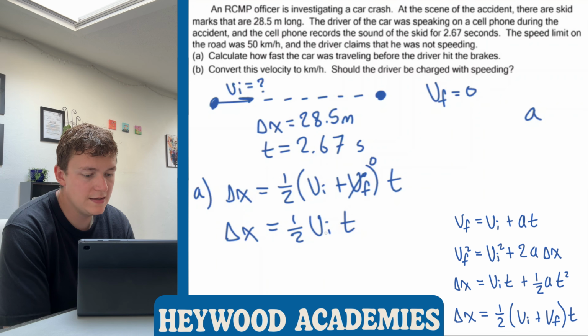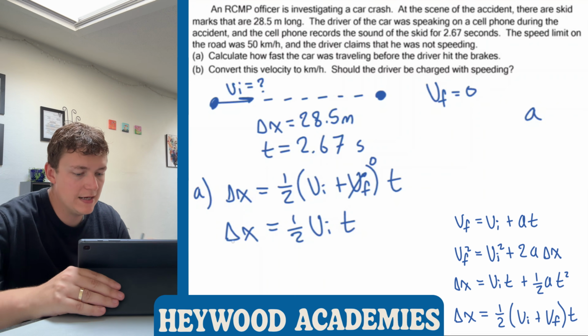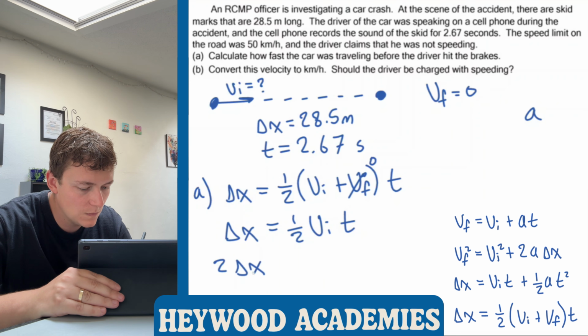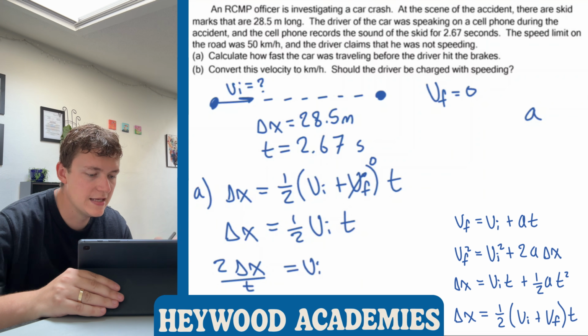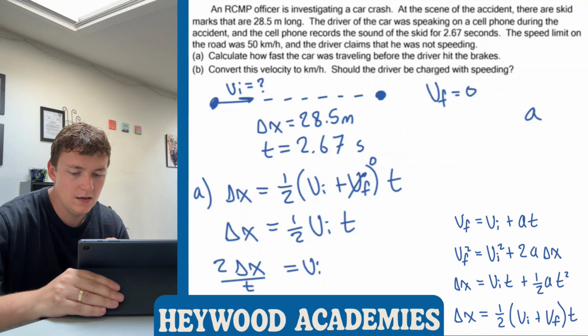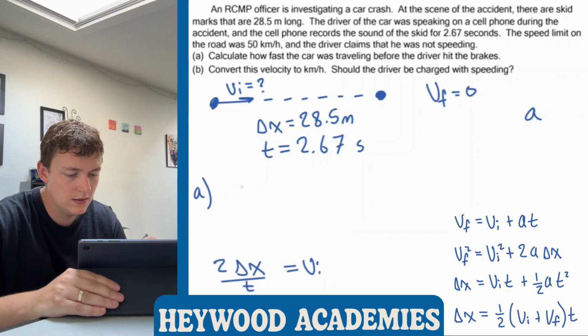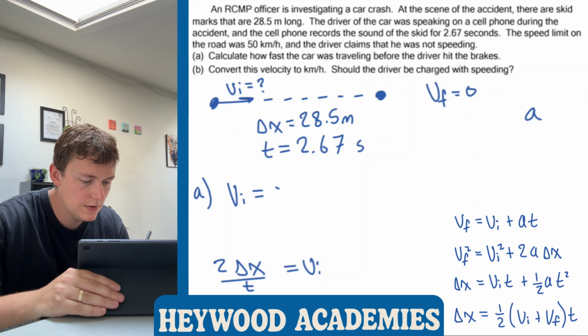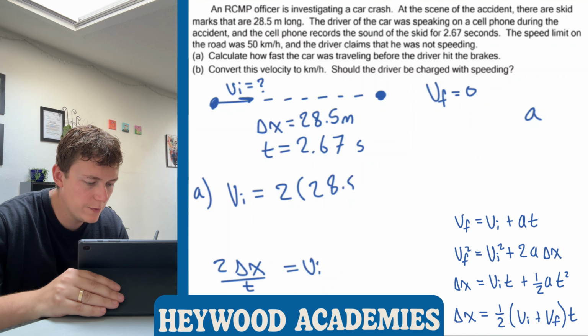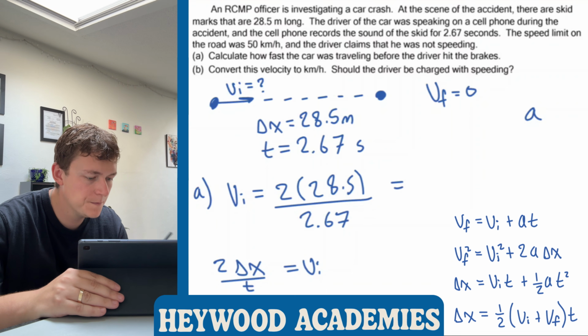Now what we want is the initial speed, so we can multiply both sides by 2 and then divide by t to give us that initial speed. Now we can plug in our numbers here to get what we need. That was 2 times 28.5 over 2.67.